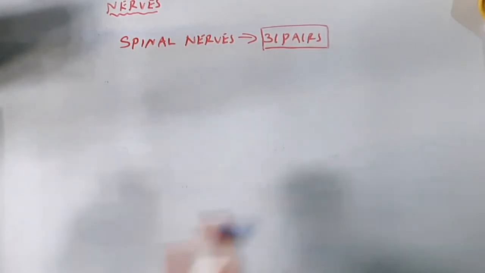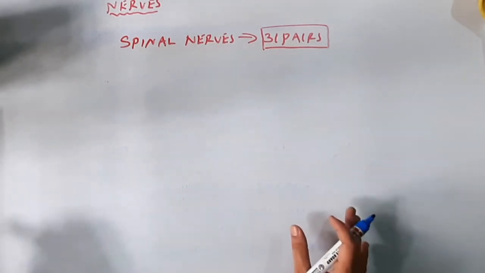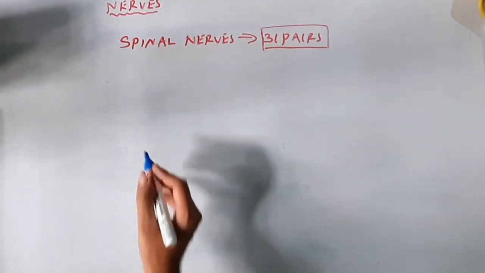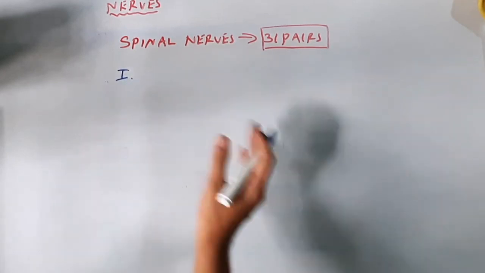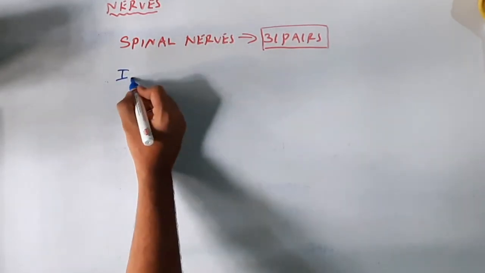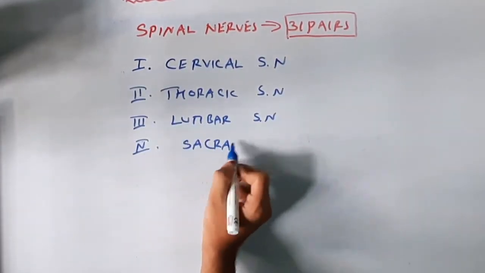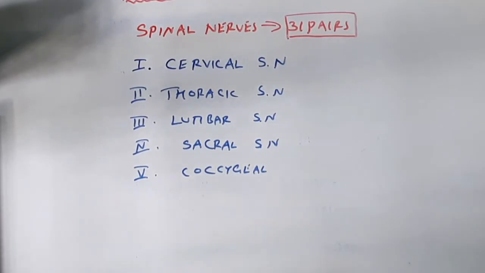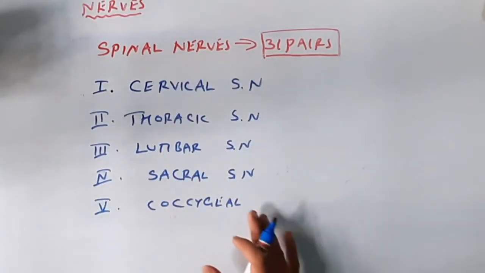Through the gaps, the spinal nerves come off. From the spinal cord, there are five parts, we can easily understand this. Let me write it. So these are the five different types of spinal nerves.